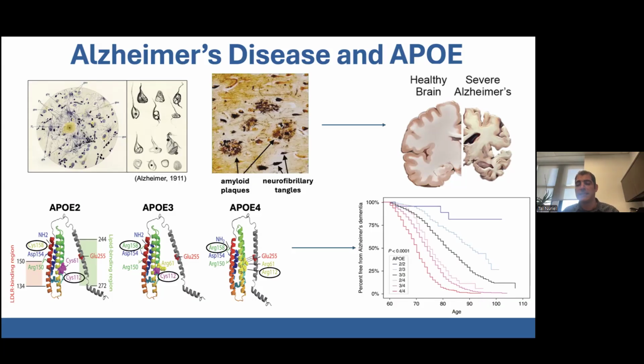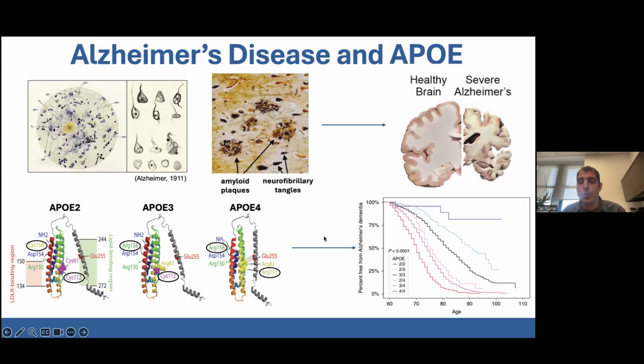And you can see really definitively, individuals with two copies of APOE4 develop Alzheimer's, unfortunately, on average, sooner. APOE3/4, APOE2/4, one copy. And then APOE2/2 carriers, interestingly, are almost completely protected from developing Alzheimer's disease.